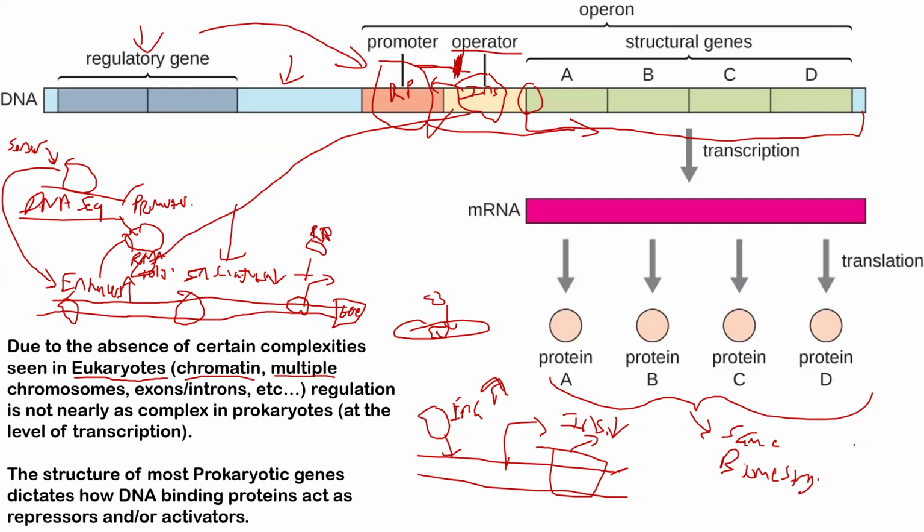And so you're coordinately regulating a great number of proteins to be activated all at once, instead of activating each individual protein in response to a phenotypic requirement of that cell, what you see in eukaryotes.